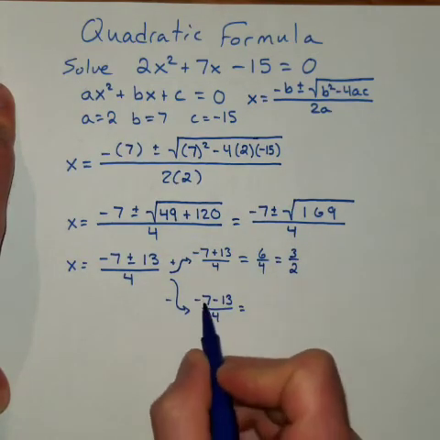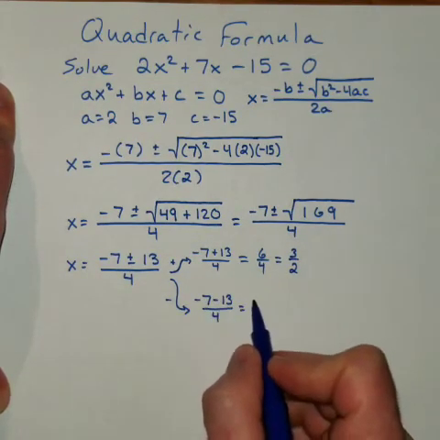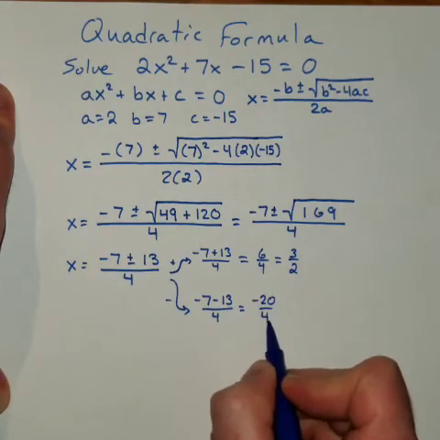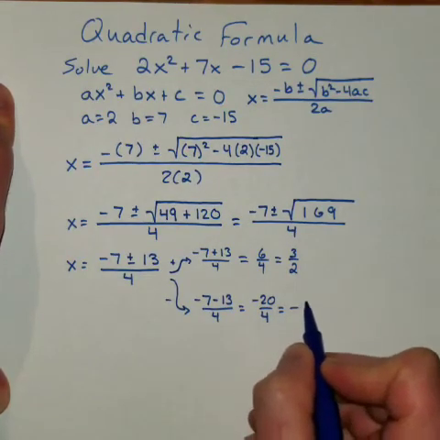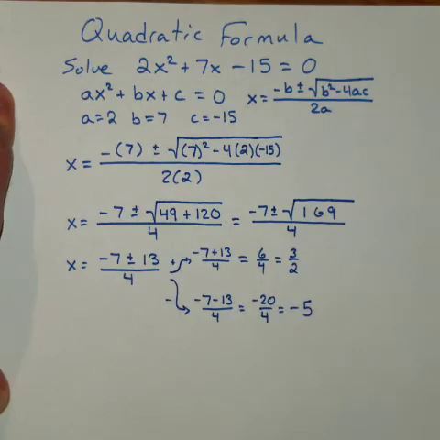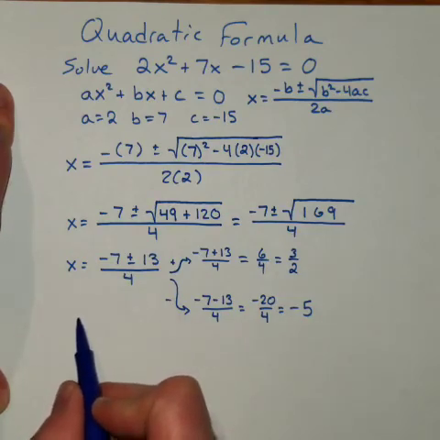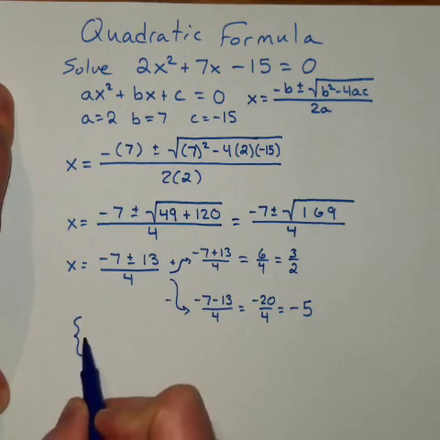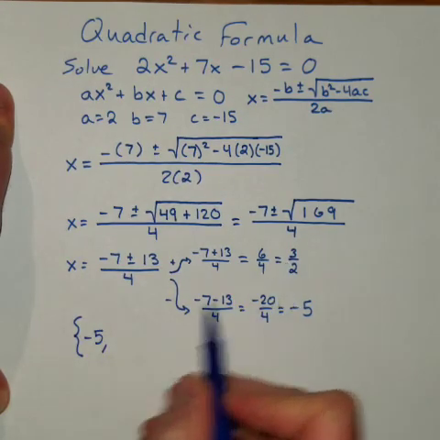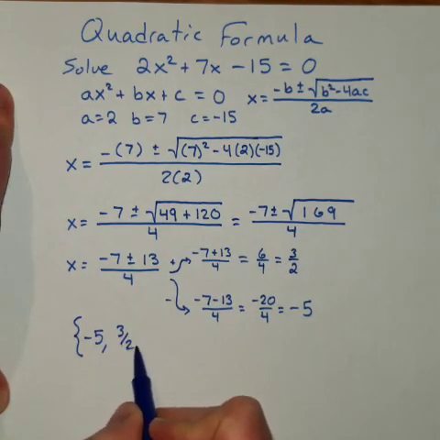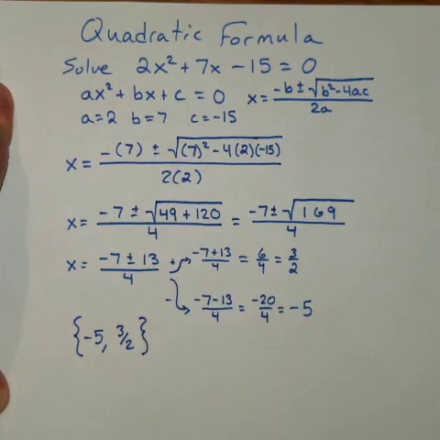Negative 7 minus 13 is negative 20. And when I divide that by 4, I get a negative 5. And so what we're going to find is that we have two solutions. And in my solution set notation, I'm going to put them in: negative 5 and 3/2. And there's a final answer.